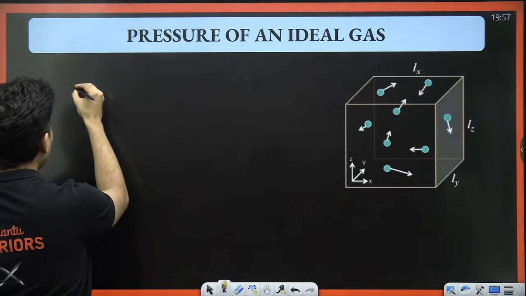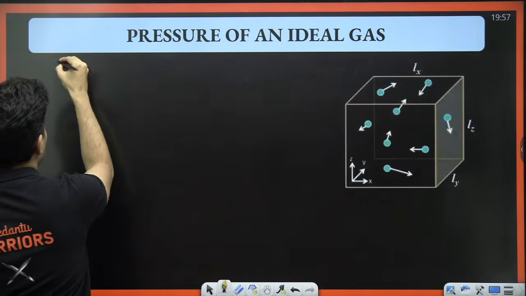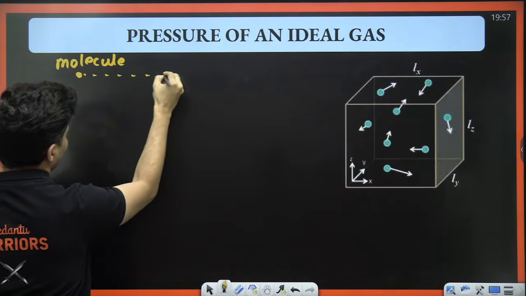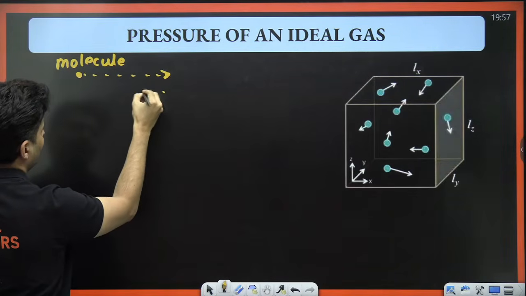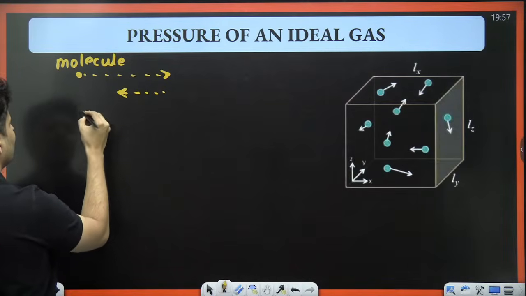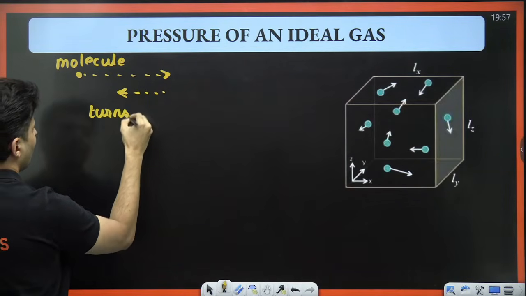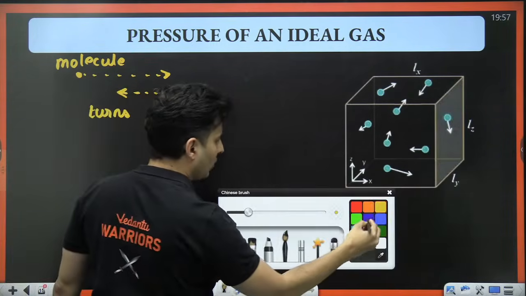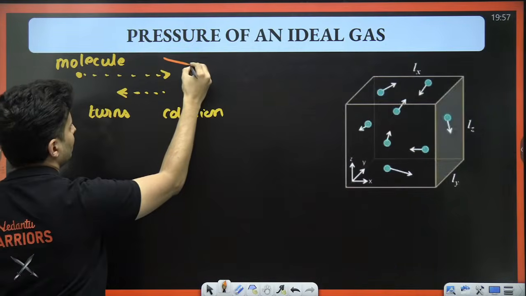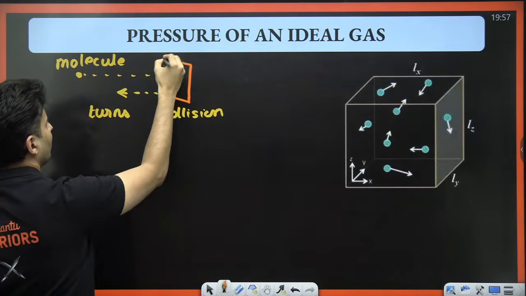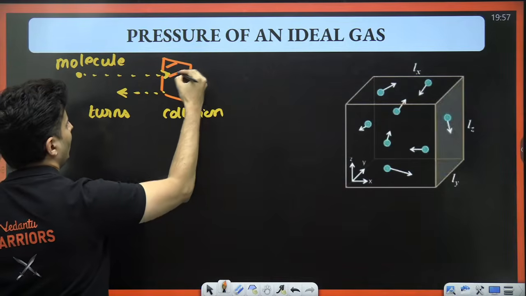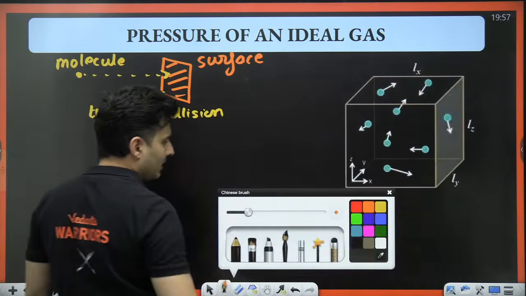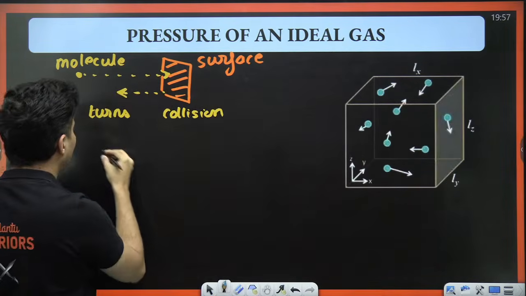And when a molecule goes like this, hits and also returns back, it basically turns because of collision, and it collides on some surface, then there is a change in momentum.